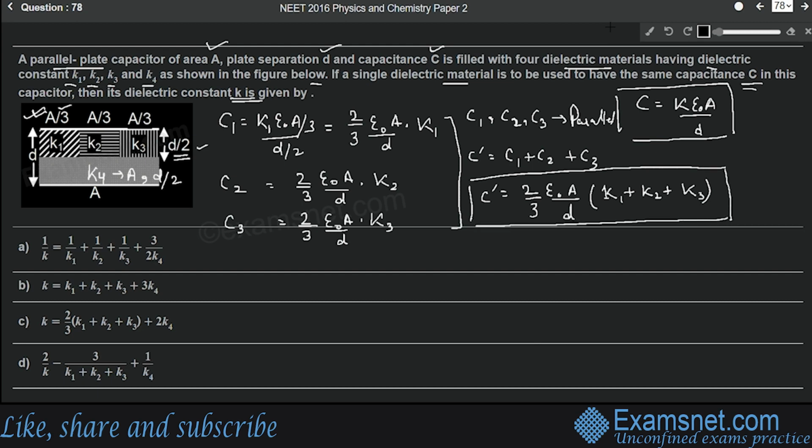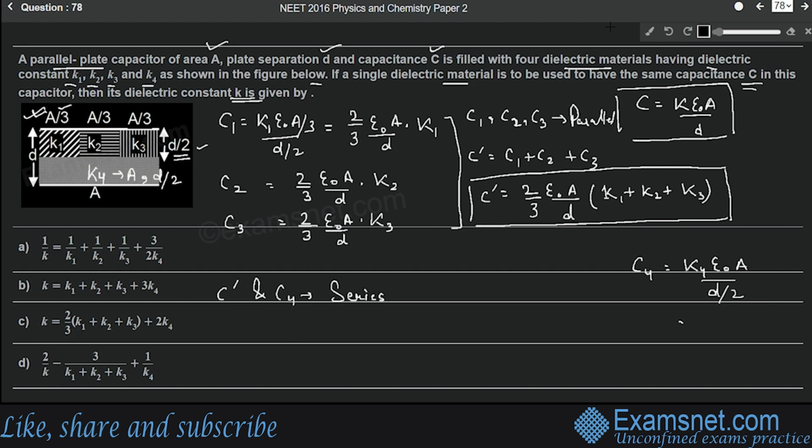But the fourth one is also there. And these two are in series combination. That means C dash and C4 are in series combination. What is the value of C4? C4 is equal to K4 epsilon naught A upon D by 2.